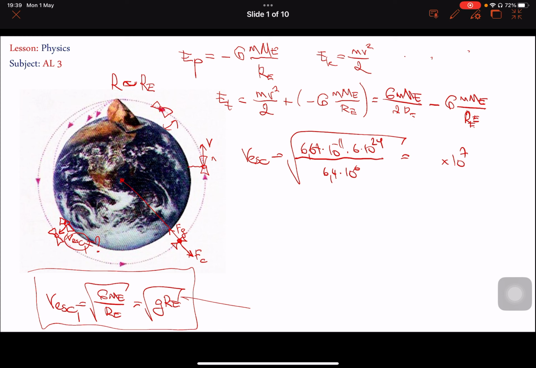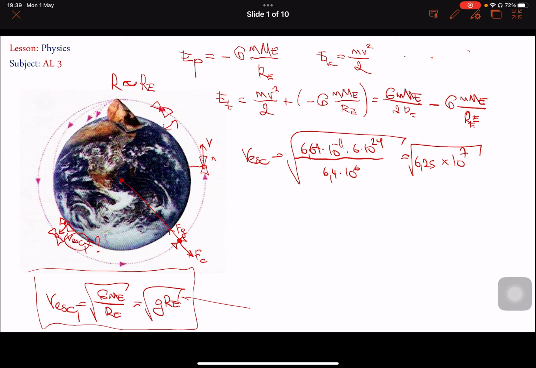So the number that I will have here is 6.67 times 6 over 6.4, that will give me the number 6.25 times 10 to the power of 7.